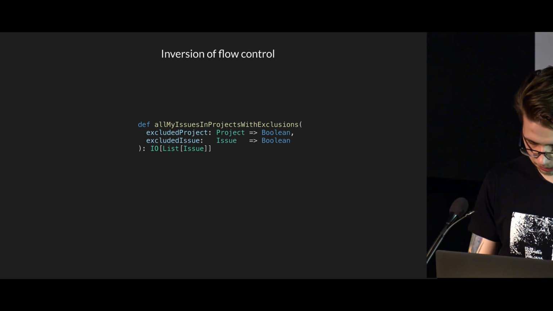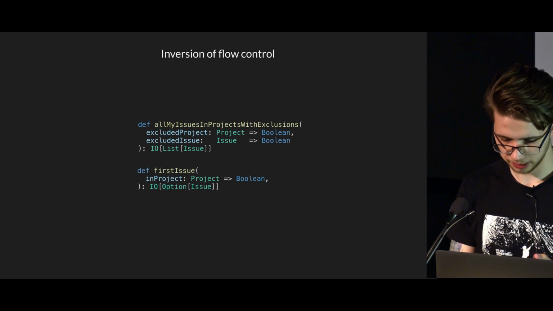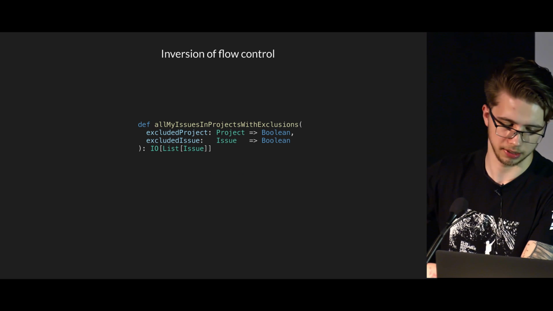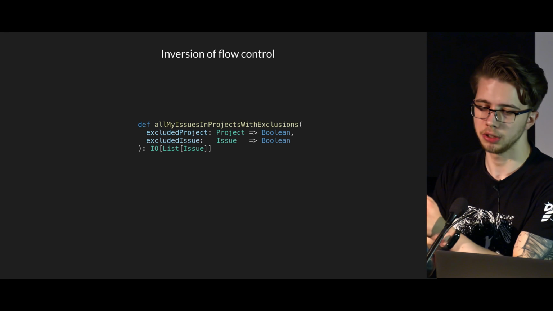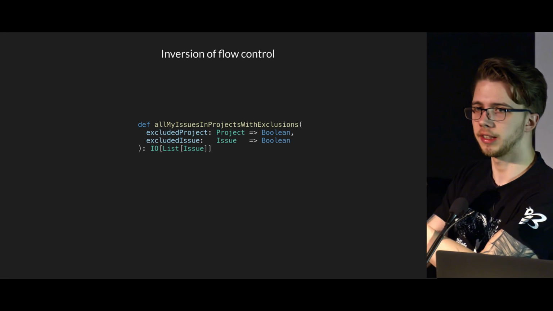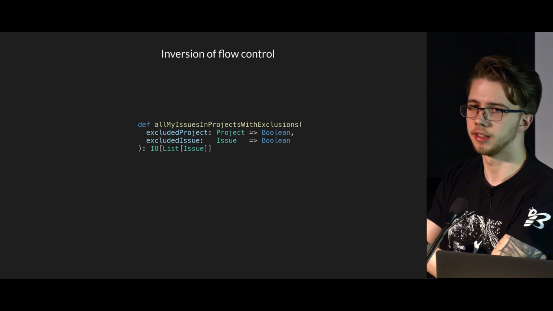If you don't see what I mean, we had this example before, like finding all the issues in all the projects. We don't want to find the issues in projects that are excluded, right?